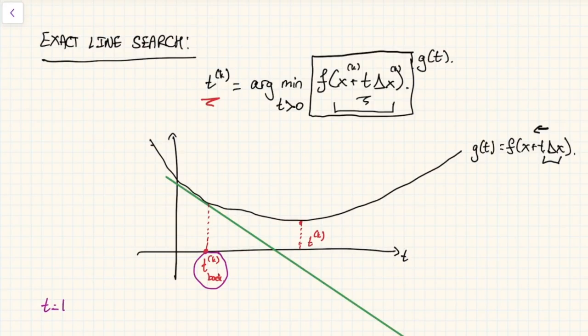So t1, let's say it will lie somewhere, maybe here. This is t1. You evaluate your g. So g at t equal 1 is nothing other than f of x plus delta x.